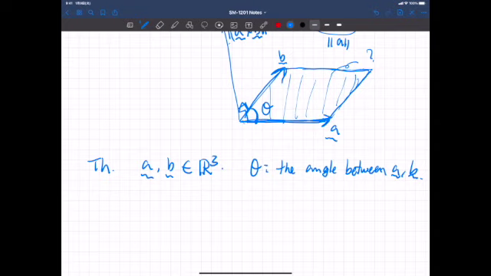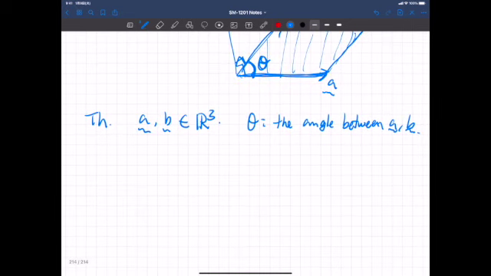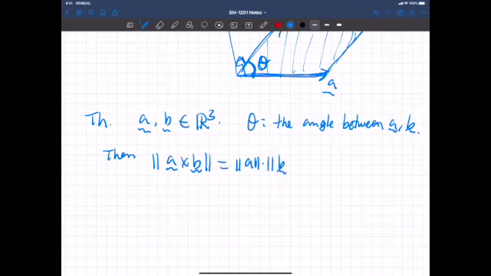Then we have this relationship: the modulus of A cross B is equal to A modulus times B modulus times the modulus of sine theta. This is the theorem we want to prove next.